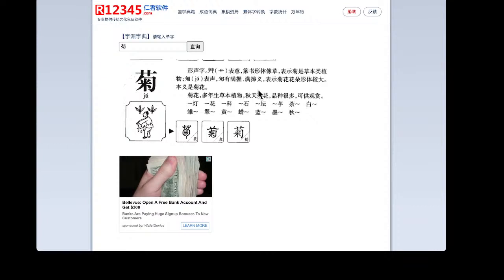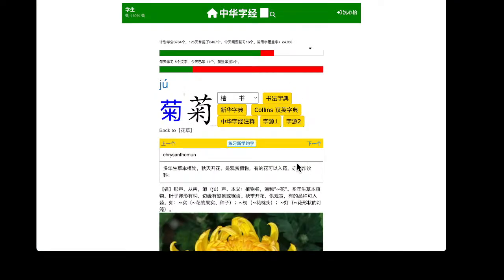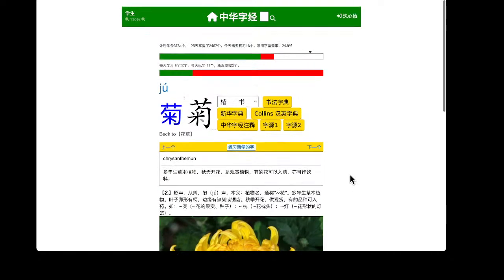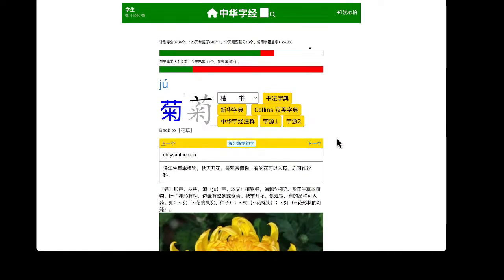Okay, and so you can see it looks like a hand holding on to a handful of stuff, which they use a mi to represent any kind of thing in the palm. So this really means it's a full palmful of things. And so you can see why, because this is 菊, this kind of flower, this is the size of the flower, and it's very thick, and okay, it will be a palmful in your hand.